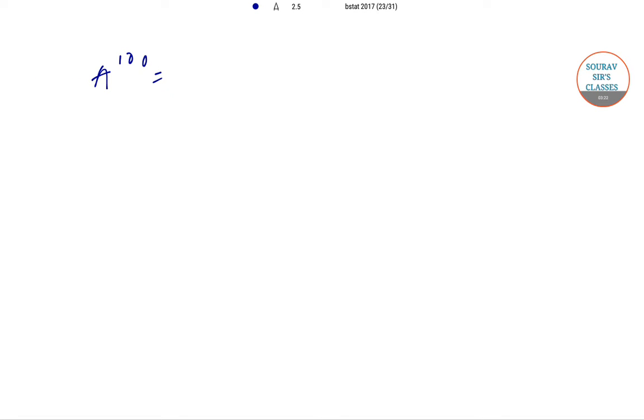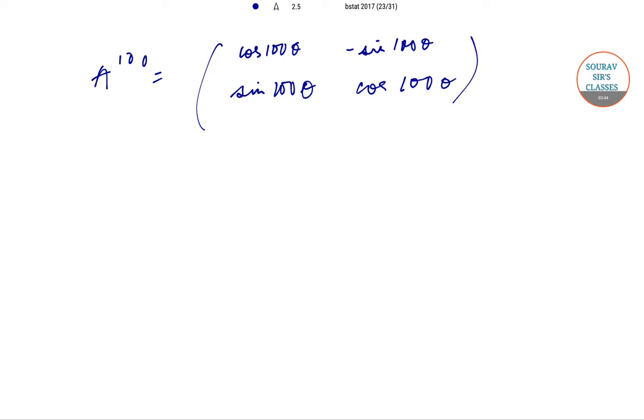Now A to the power 100 is given by cos of 100 theta, minus sin of 100 theta, sin of 100 theta, cos of 100 theta. So now we know that theta is equal to 2 pi by 7. This is what we have been given.